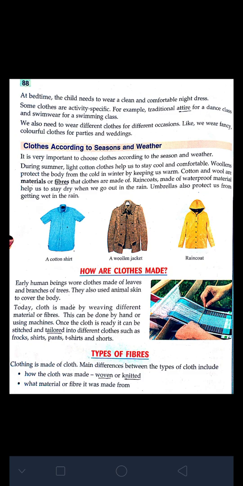Here we will see some natural fibers and some artificial fibers, because the materials used to make the cloth are not of the same type. Some fibers are man-made and some fibers are natural. So here we will see which are the natural fibers.